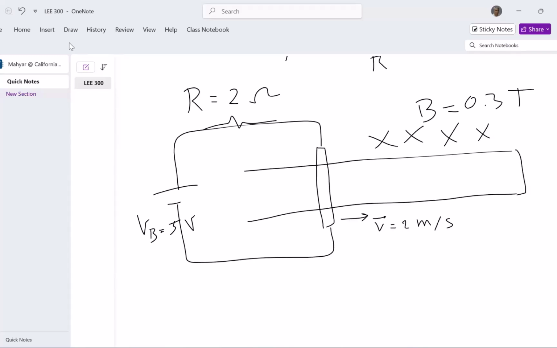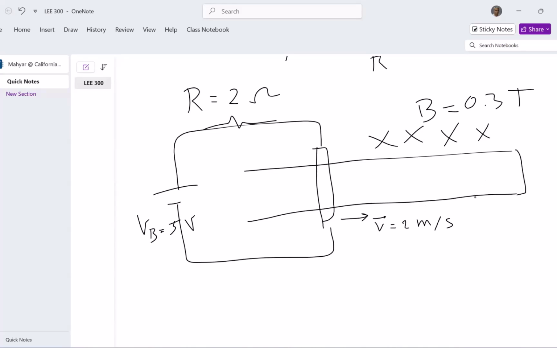When I'm moving to the right, how would be the changes of flux over time? Will it increase the flux over time or decrease the flux over time? Decrease, because yeah, the loop is getting smaller. This is the loop of the current that we have, in here. And as you can see, if you move this to the right, this area becomes smaller.